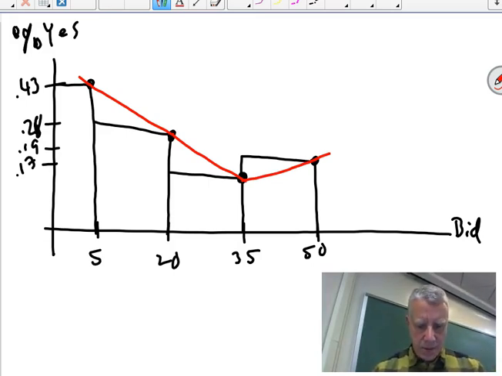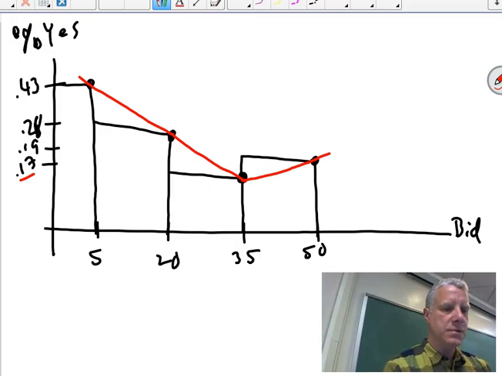And this isn't too troubling because we're using small samples. The sample size at a bid of 35 is 24, and at a bid of 50 is 21. So, if you like your statistics, these percentages are not going to be statistically different.